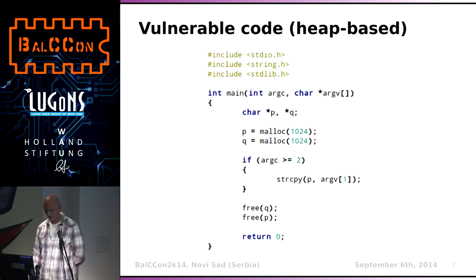In the heap-based case, you have two heaps allocated, one near the other, and if the user is writing a large piece of data to the first heap, it will be able to override the content and the metadata of the adjacent heap.